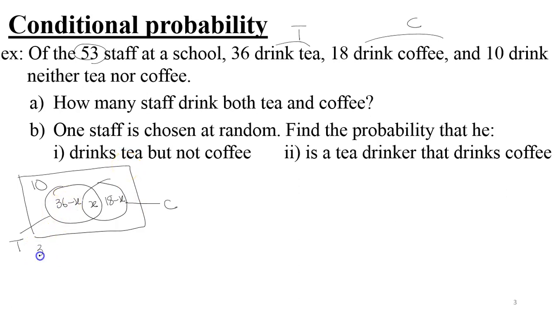So we start by adding them. 36 minus X plus 18 minus X plus 10 equals 53. Now the first two X's cancel out. We'd have 28 and 36, which is 64.